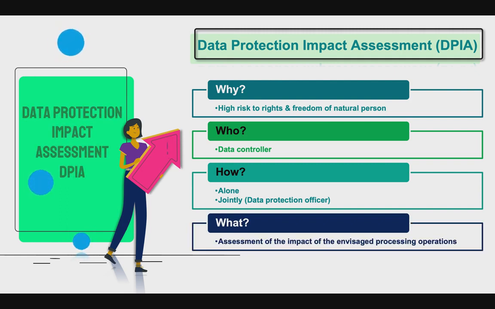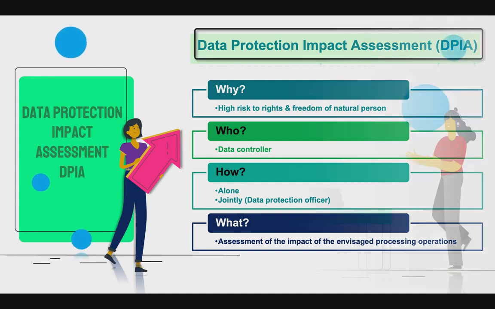The controller shall, prior to the processing, carry out an assessment of the impact of the envisaged processing operations on the protection of personal data. A single assessment may address a set of similar processing operations that present similar high risks on the protection of personal data.